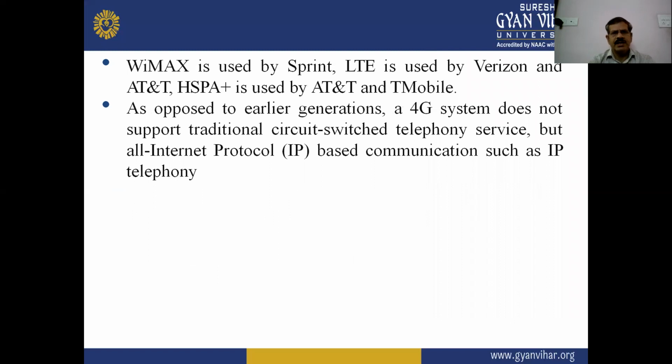WiMAX is used by Sprint, LTE is used by Verizon and AT&T, HSPA Plus is used by AT&T and T-Mobile. As opposed to earlier generations, a 4G system does not support traditional circuit switched telephony service, but all IP-based communication such as IP telephony.